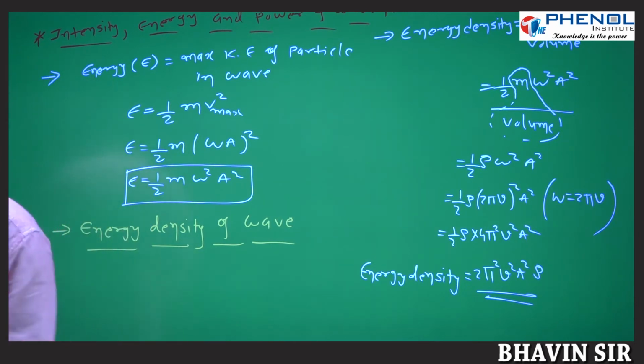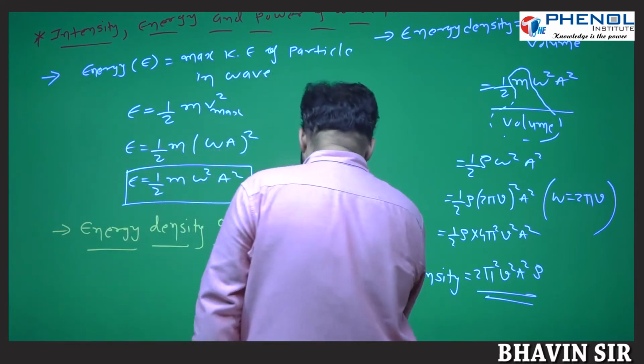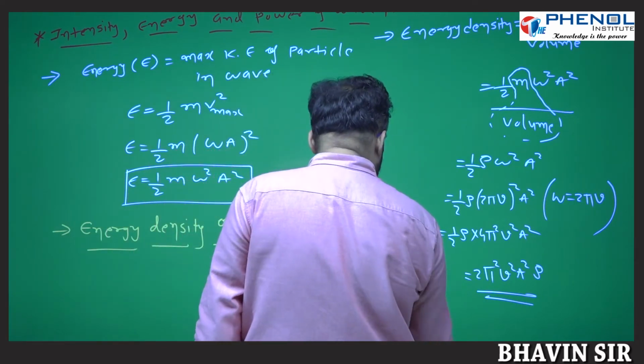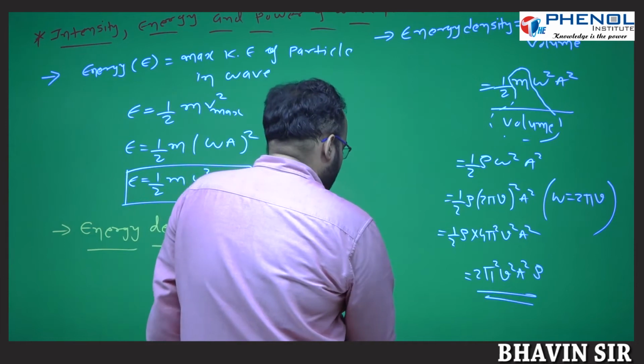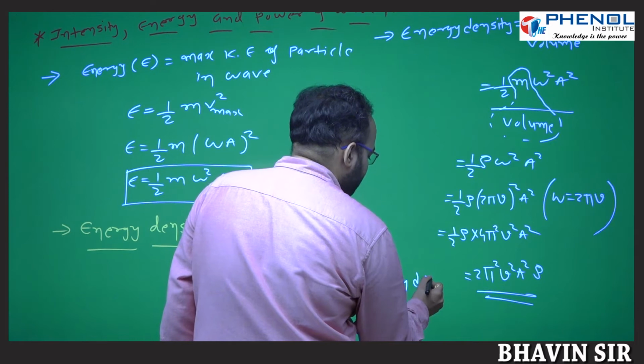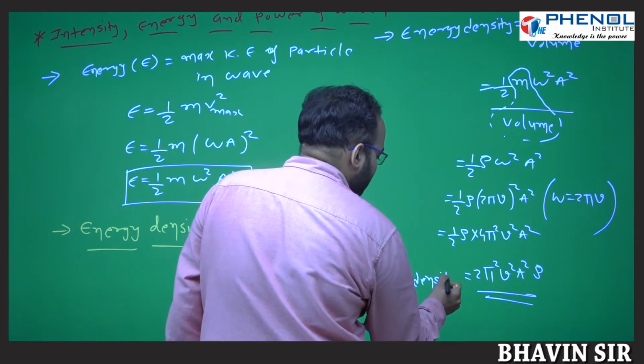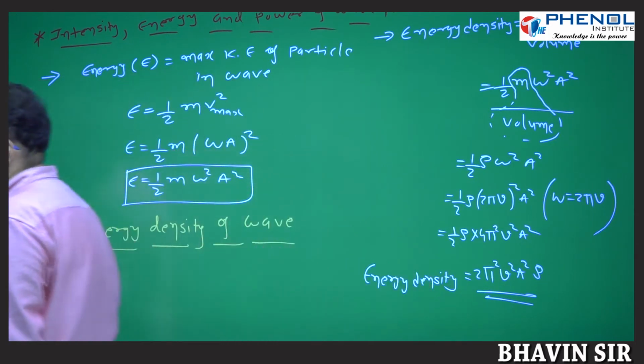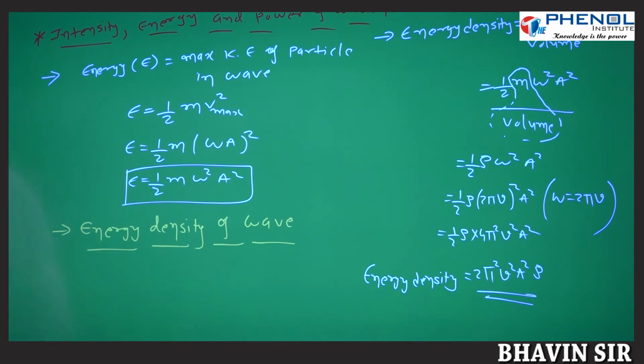Remember, students: energy density is 2 pi square nu square a square rho. So what is the formula for energy density? 2 pi square nu square a square rho.